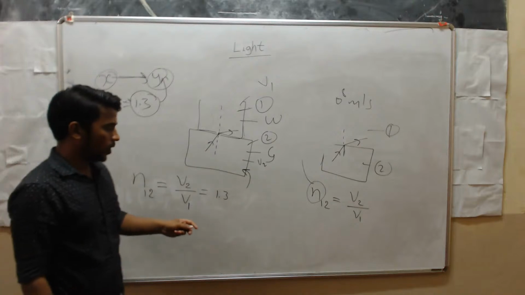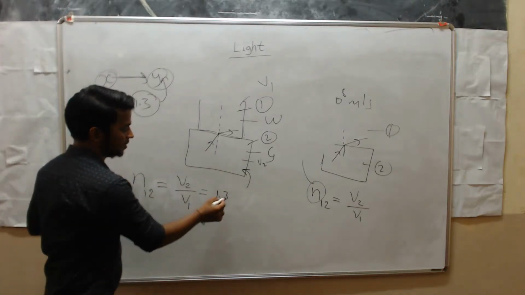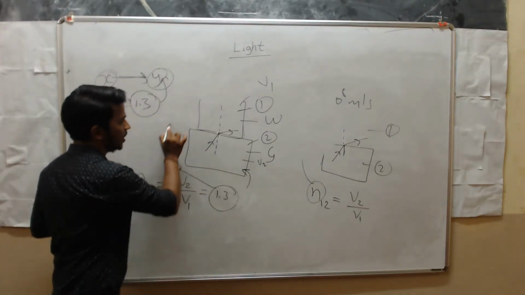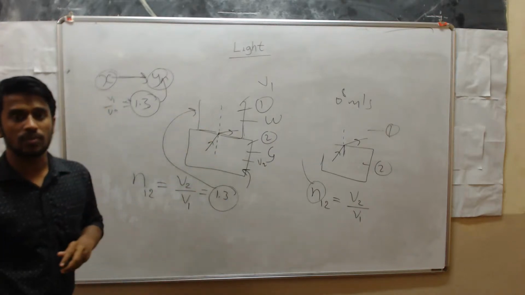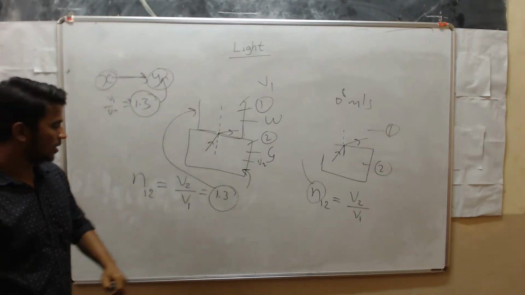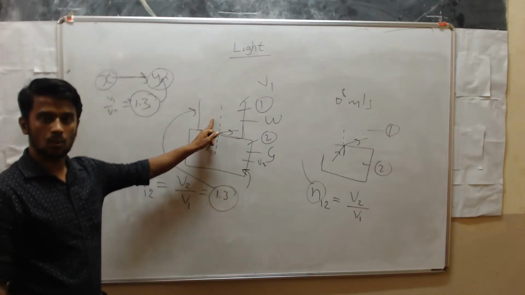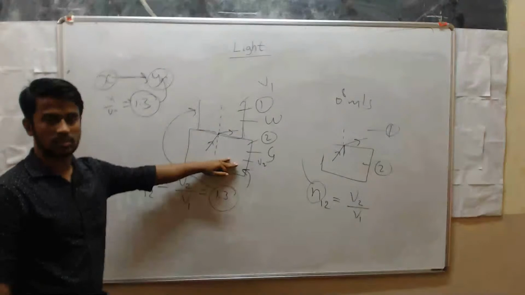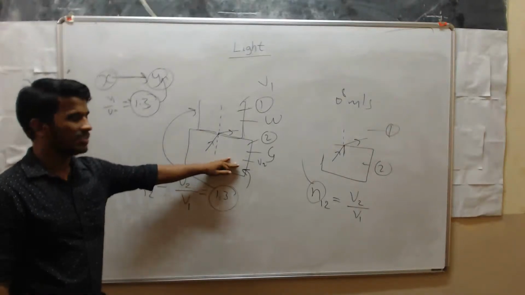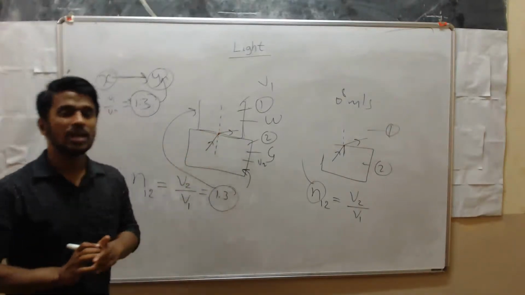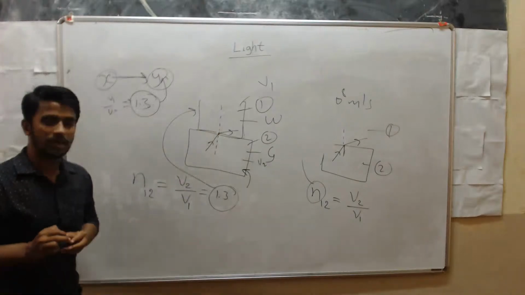So we can say that this 1.3 is the refractive index of medium 1 with respect to glass medium. See, the refractive index tells how many times it is slower or faster than the other medium.